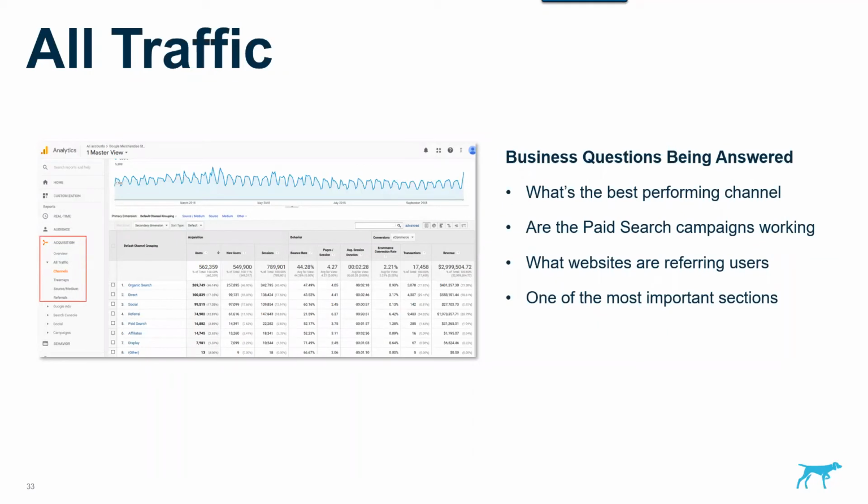So first up, under all traffic, under acquisition, is the channels report. This is what we're looking at right now. So as I was saying, these are the channels, the default channel grouping that you see in this report: organic, direct, social, and so on. These are all predefined by Google according to the definitions that we just went through.